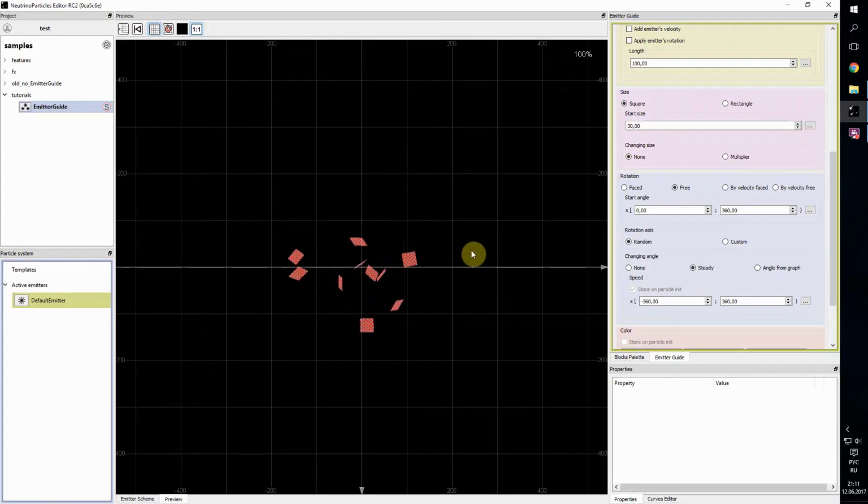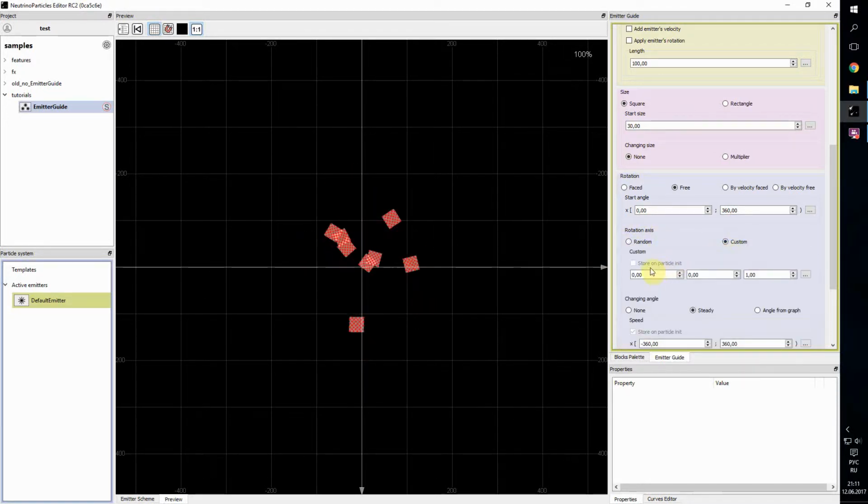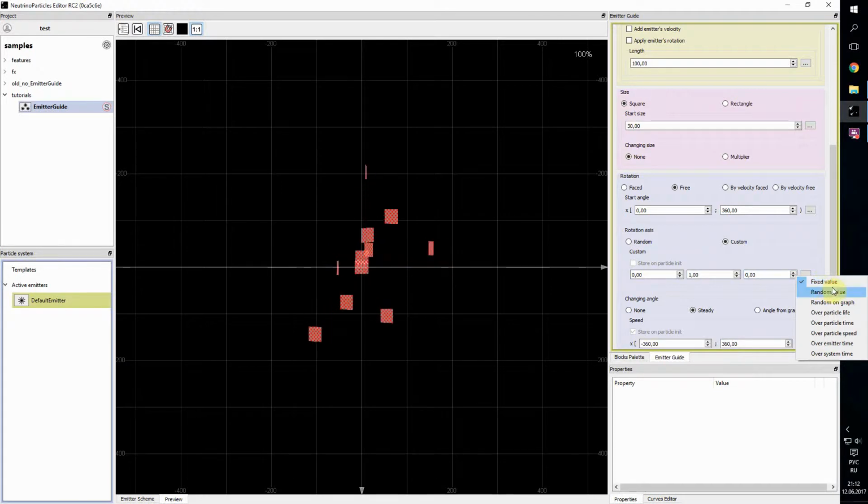Also we can fix the rotation axis, change it to custom, and by default it is the z-axis. We can change it to any we want, like the y-axis, and all particles are now rotating around the y-axis. And also we can set this rotating axis as different representations and different distributions.